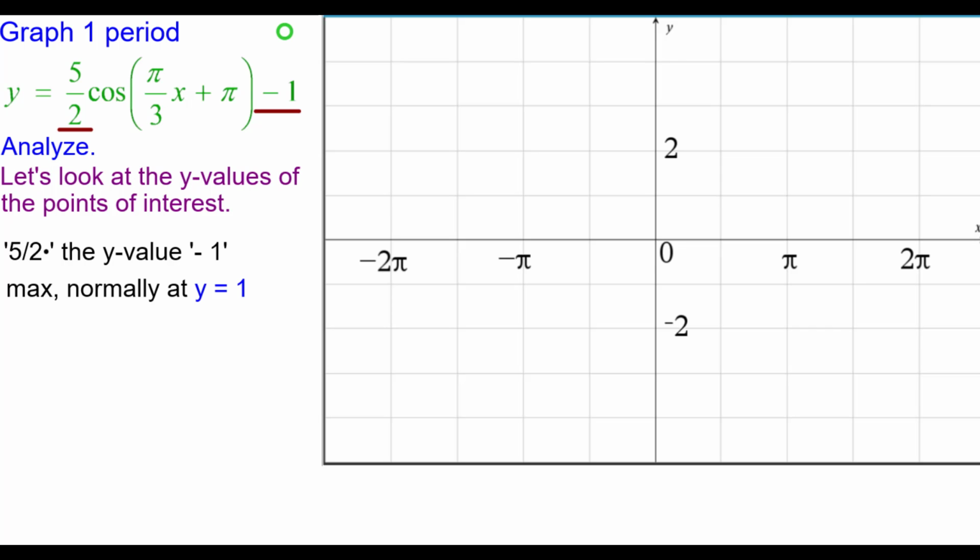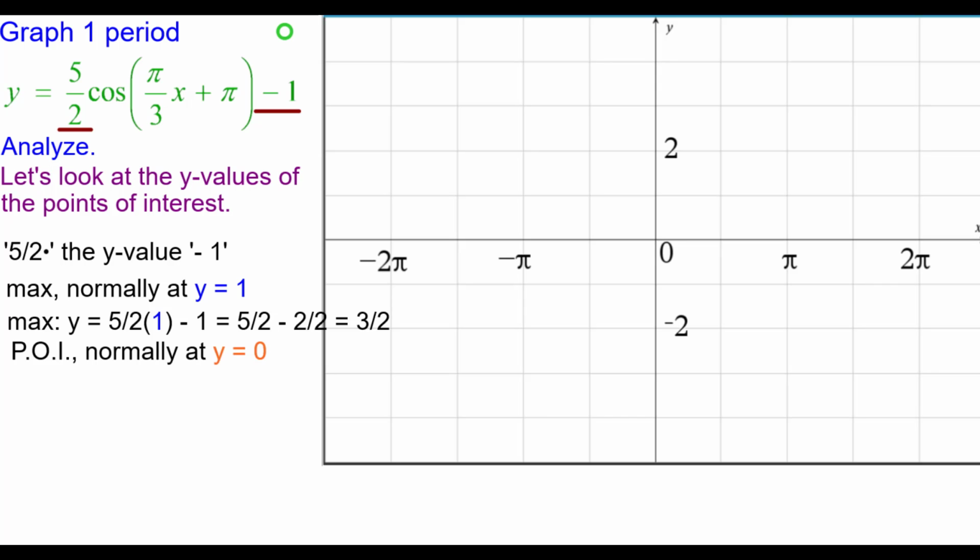So a maximum, which is normally at y equals 1, will be multiplied by 5/2 and subtract 1. So that would be 5/2, and we'll think of the 1 as 2/2. So 5/2 minus 2/2 is 3/2. Points of inflection lie along the line y equals 0 normally. Multiply that by 5/2 and subtract 1, and we get negative 1.